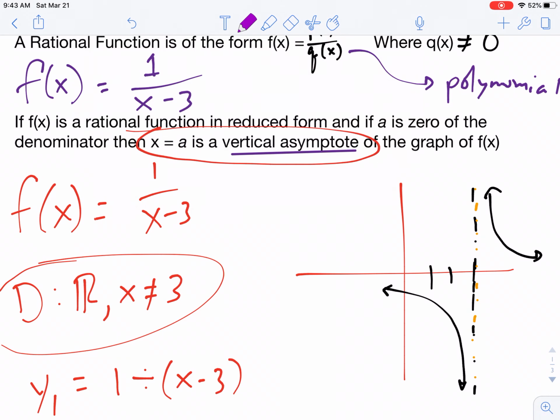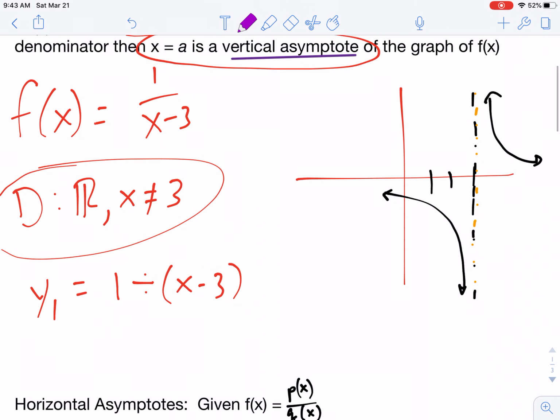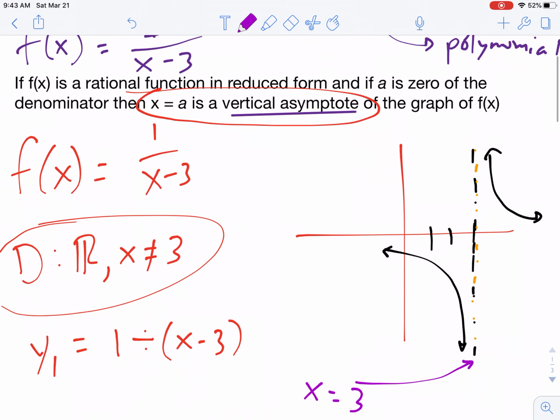An asymptote is an imaginary line where the curve is going to get really close to it. The curve of the function gets close to this vertical line, but it never touches it.